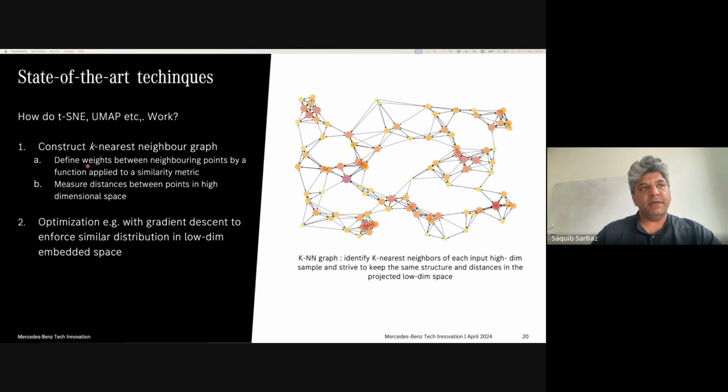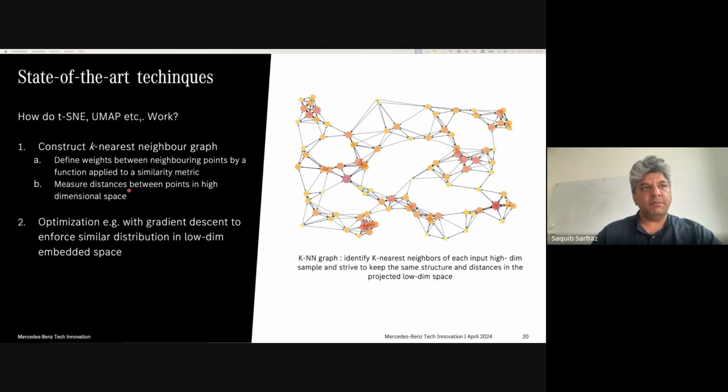And the idea is to build this k-nearest neighbor graph first, so that you can get some local neighborhood distances around each point in the data, and then you define weights between neighboring points by a function applied to a similarity metric.